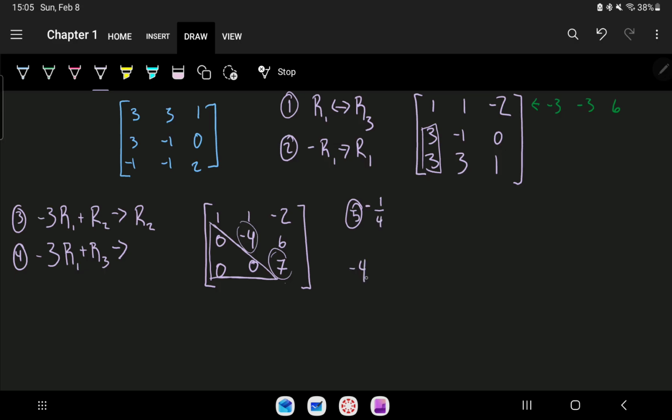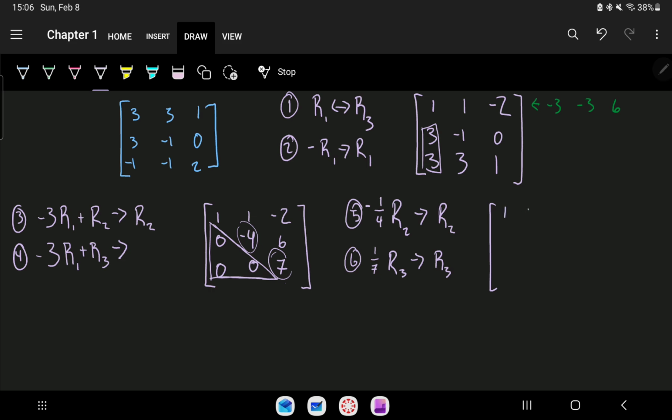Because if I want to multiply -4 by something to get 1, it's going to be -1/4. So I'm going to multiply that whole second row by -1/4 to get the new second row. Similarly, we will just do it all at once. We have 1/7 on that third one to get the new R3, because 1/7 times 7 is just going to equal 1.